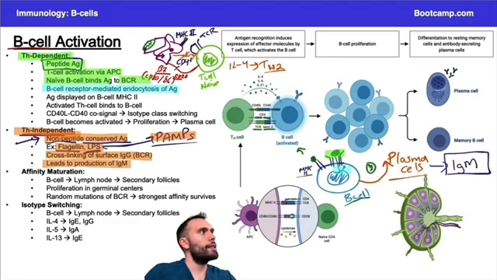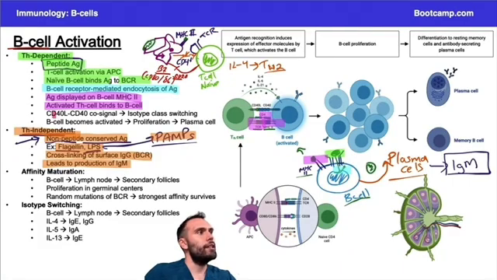Then the next step would be to display that antigen on the MHC2 receptor, which we can see here. So we found the antigen bound to our immunoglobulin, we internalized it, and then we presented it on MHC2, and there you can see it right there, bound to MHC2, binding to a CD4 receptor. The activated T helper cell binds to that B cell using a T cell receptor and CD4 positive co-receptor. And then the last step here, there's another co-stimulatory signal.